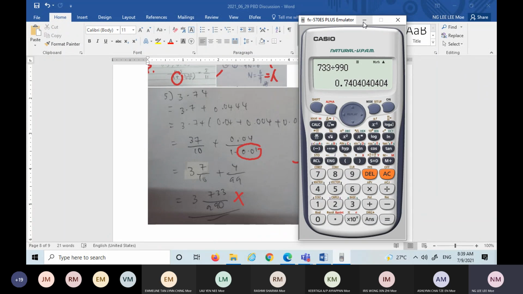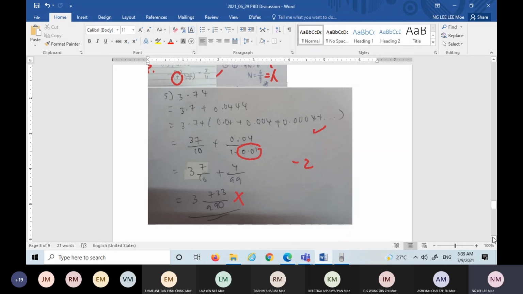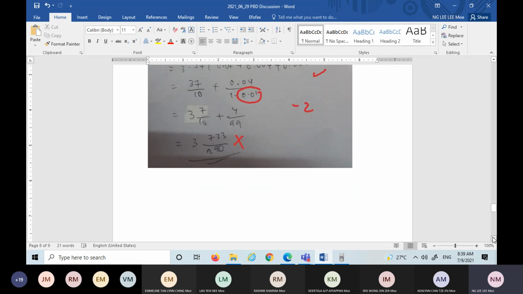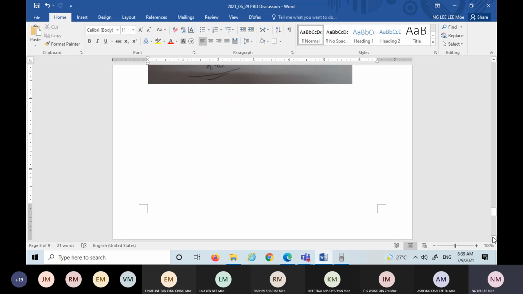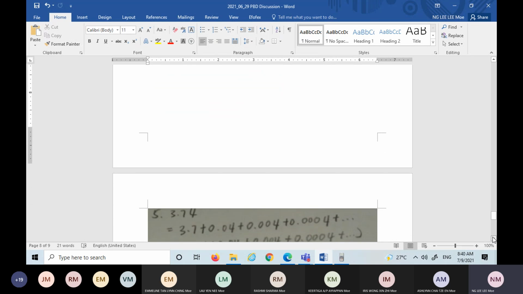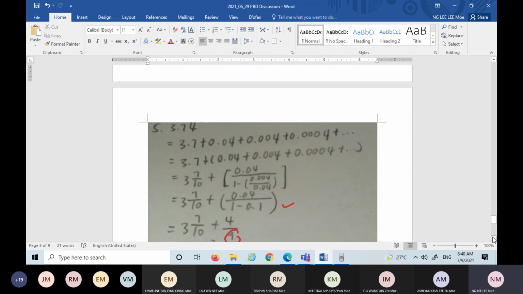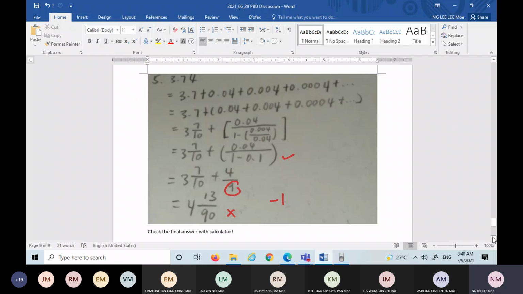So remember these questions. You should get full marks for these questions. No excuse why you get a minus mark from me. This is another same thing. Here is correct, but here you make a careless mistake. I don't know how this careless mistake comes out like that.